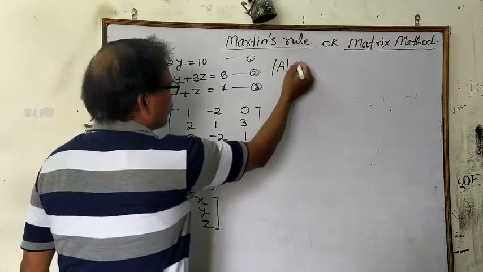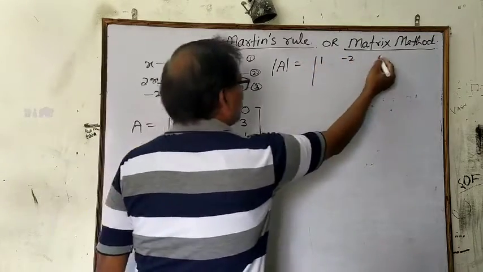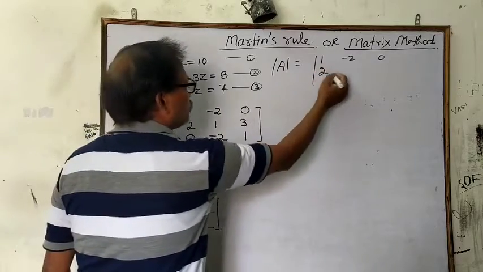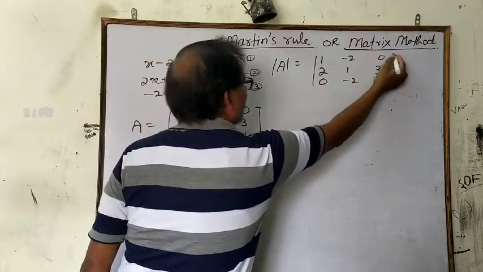Modulus of A is equal to, you will write again 1, -2, 0, 2, 1, 3, 0, -2 and 1.